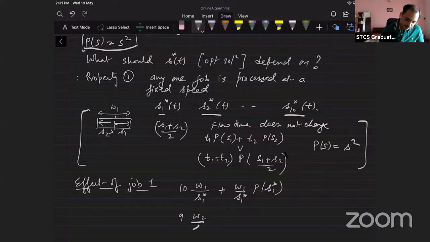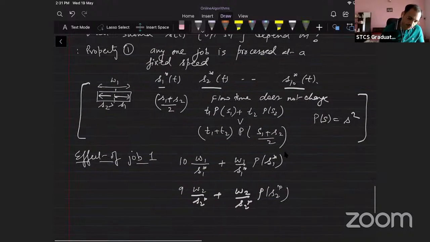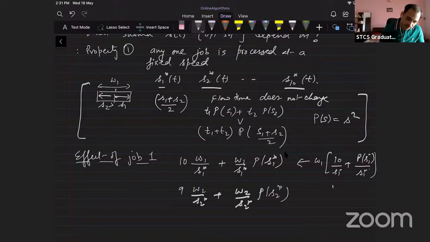Similarly, you will get S2 star plus W2 by S2 star, P of S2 star, and so on. So each of these jobs, you'll essentially get W1 out, and you'll get 10 by S1 star plus P of S1 star over S1 star. And similarly for the others. So W1 will not matter in finding the choice of S1 star.